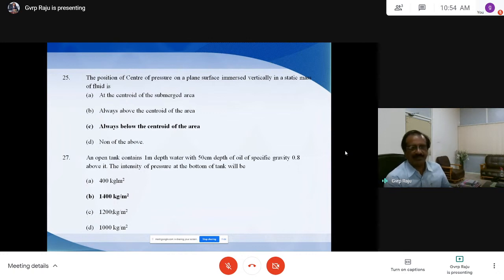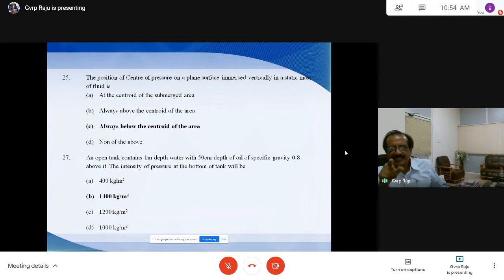So the position of center of pressure on a plane surface immersed vertically in a static mass of fluid. You need to understand the question itself. We have a very short time, you need to be sharp enough, intelligent enough to understand the question.